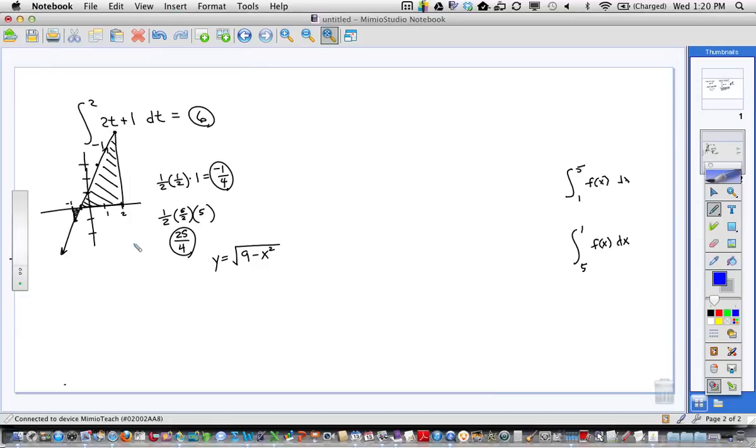Now, why is it half of a circle? If you square both sides, you'd have this. If you add that over, you'd have x squared plus y squared equals 9. That's center 0, 0, radius 3, right? Radius 3, center 0, 0.